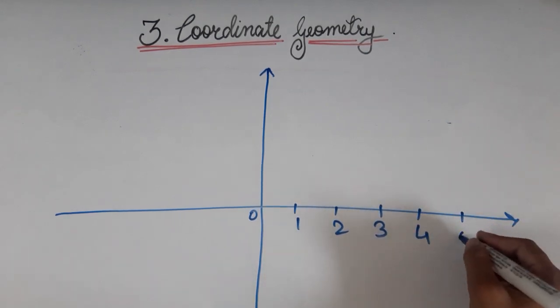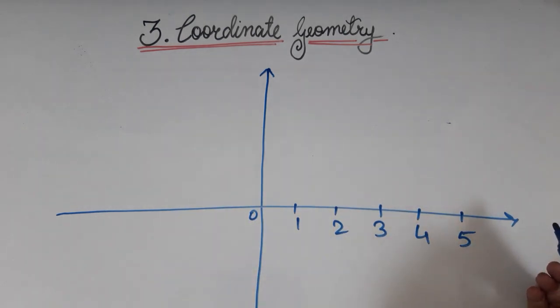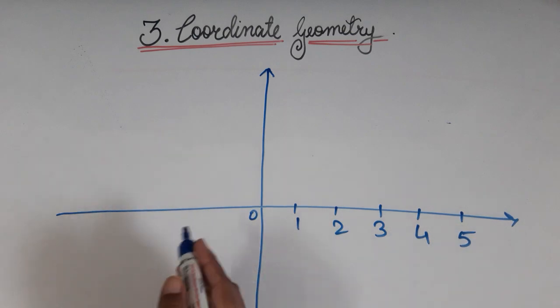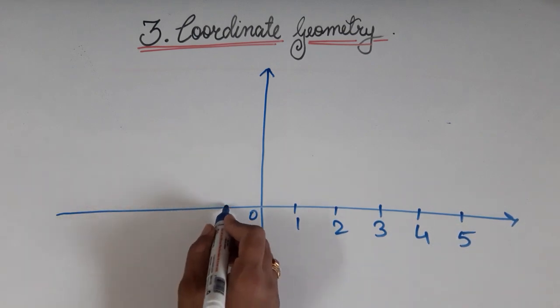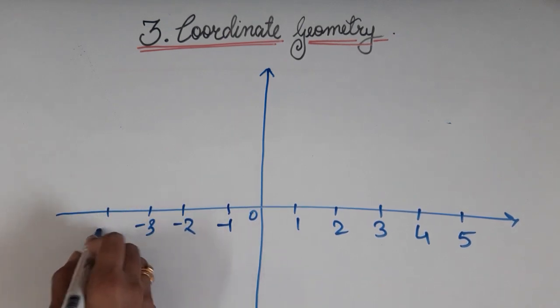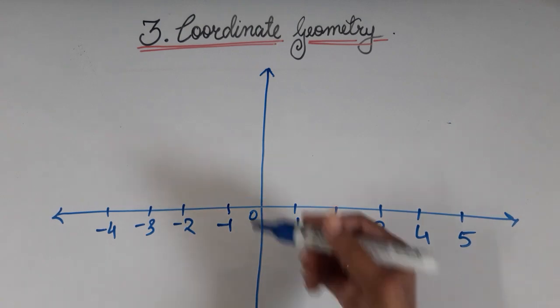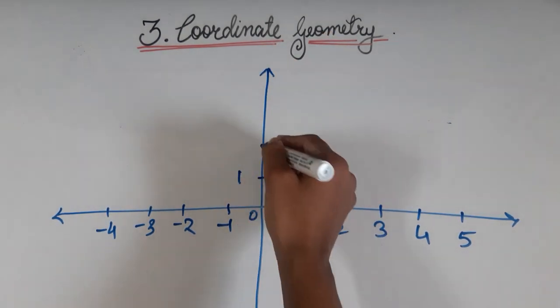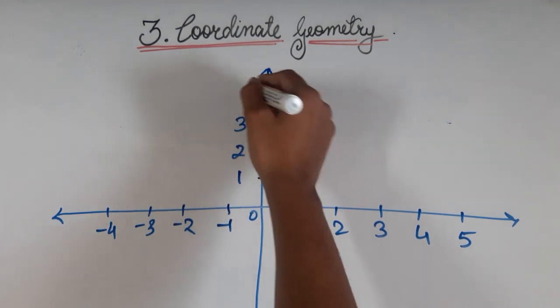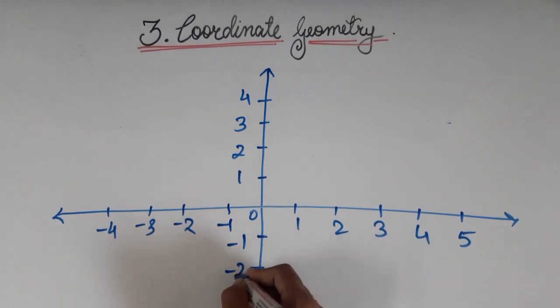Now about the horizontal number line, you all know, to the right side of origin we have positive numbers, and to the left side of origin we have negative numbers. This sign convention we know for the horizontal number line. The same sign convention the vertical number line should also have: above the origin you have positive numbers, and below the origin you have negative numbers, -1, -2, -3, -4 and so on.